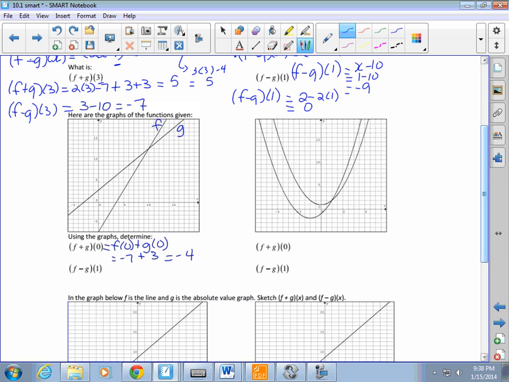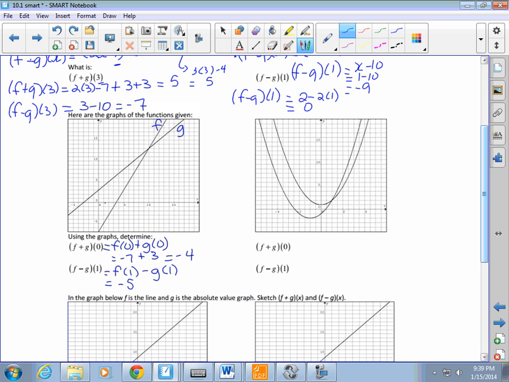So f minus g of 1. This is saying what is the function of 1 minus the g of 1. So when my x value was 1, so here is 1, my y value was over here at negative 5.